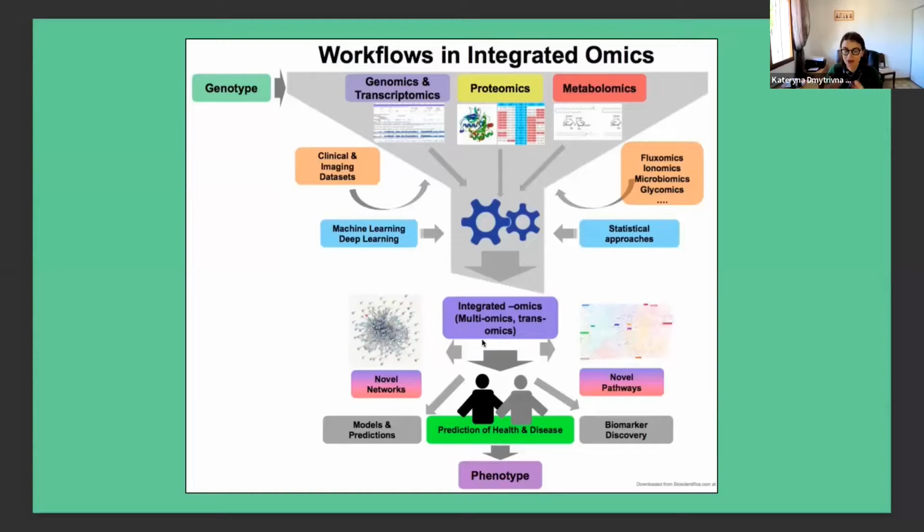We integrate different omics data types. And this integration allows us to build models that can predict health and disease, and that can affect the phenotype.